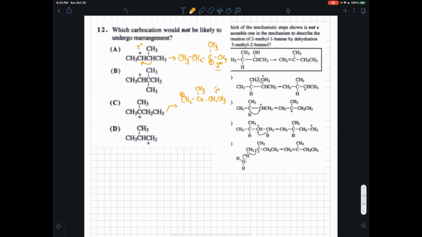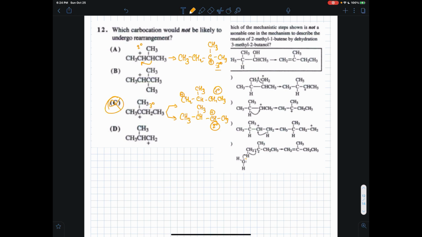Now this is a primary, and the other outcome would be CH3, CH, CH3, with a positive charge. So that would be a secondary. So you were going from a tertiary to a primary, or a tertiary to a secondary. That's not good at all, so that would be the answer.